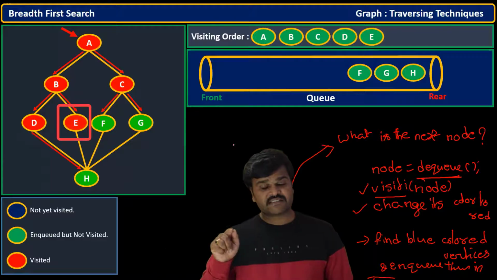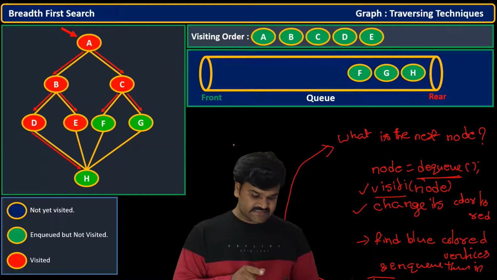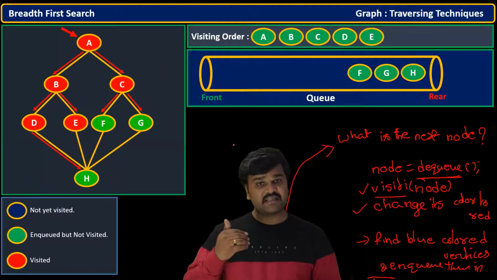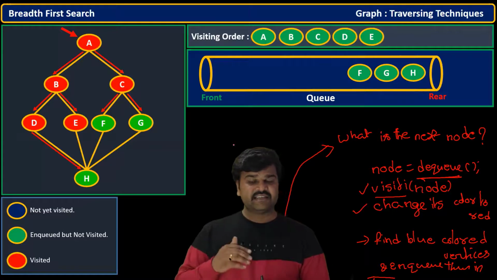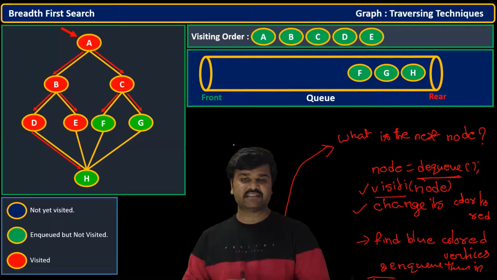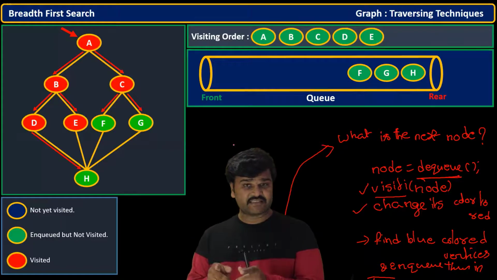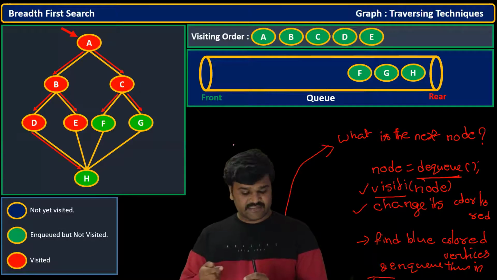Now let us try to understand the importance of green color. For E, the adjacent vertices are B and H. But B is already visited. H is of course not yet visited, but you already enqueued it, right? Who enqueued H? D did.